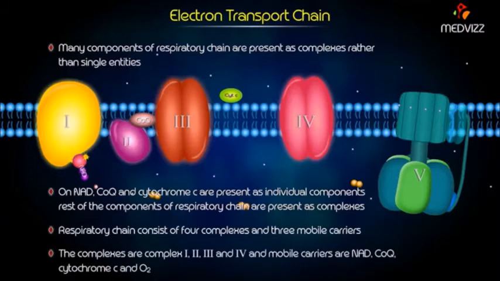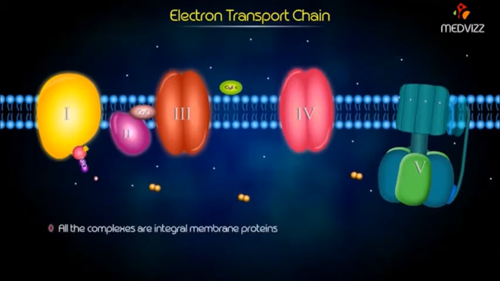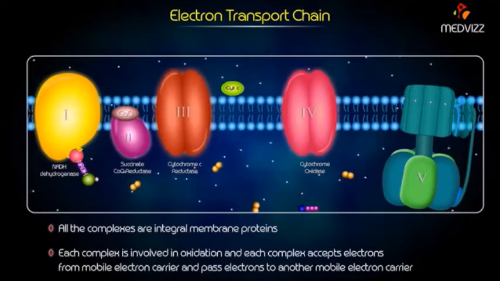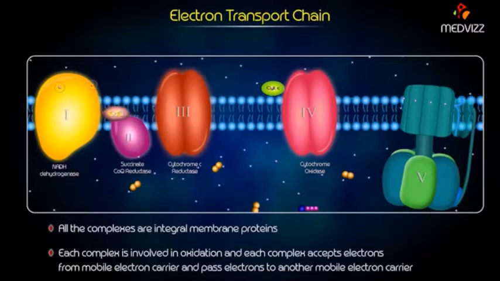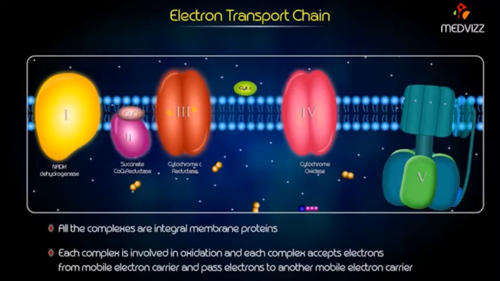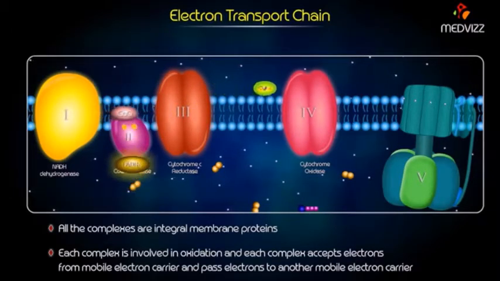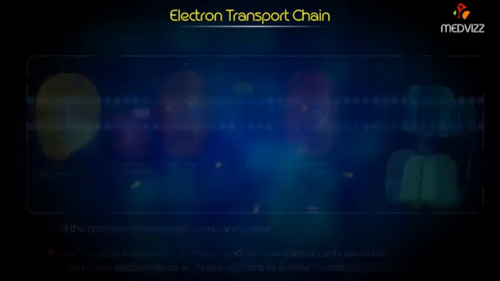The complexes are complex 1, 2, 3, and 4, and the mobile carriers are NAD, coenzyme Q, cytochrome C, and oxygen. All the complexes are integral membrane proteins. Each complex is involved in oxidation, accepts electrons from mobile electron carriers, and passes electrons to another mobile electron carrier.